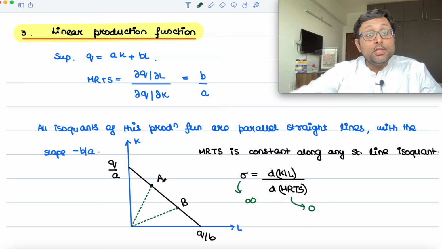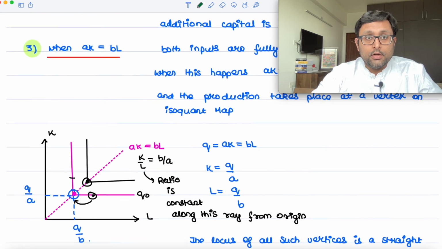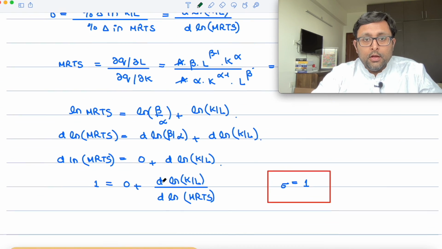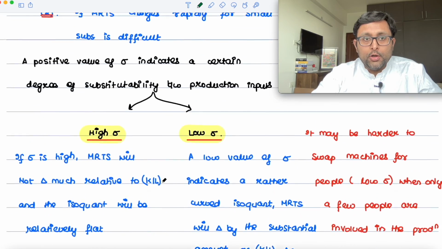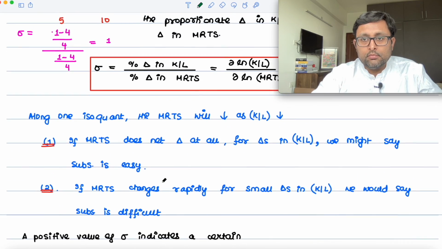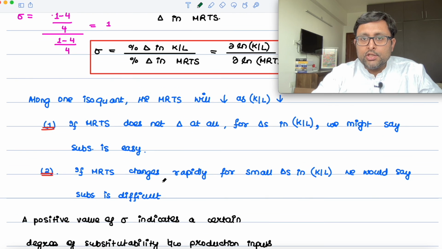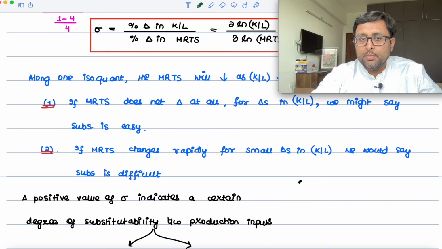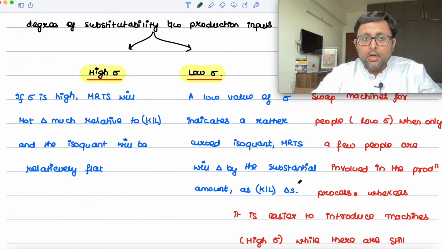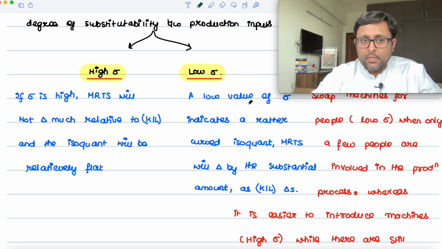So this is what we were talking about the other day. We said, na, if MRTS doesn't change at all for changes in K by L, substitution is easy. If MRTS changes rapidly for small changes in K by L, substitution is difficult. High sigma, low sigma, these are the same thing.